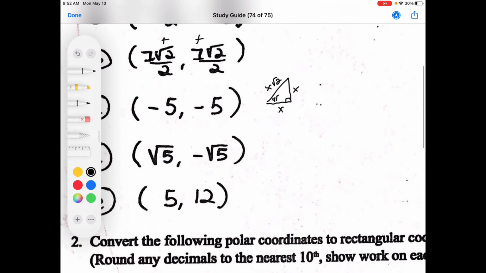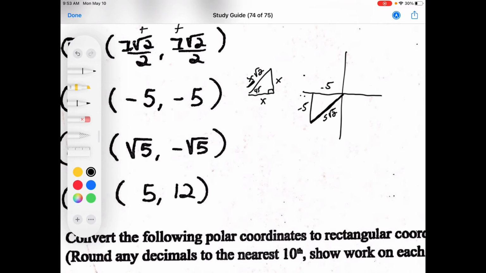It is in the third quadrant, and it's right in the middle. So if I did a 45, 45, 90, -5, -5, well, your radius would be that leg times √2. And I'm just using positives when you're finding your radius, your hypotenuse. So we'll say the hypotenuse is 5√2, or that is my radius.